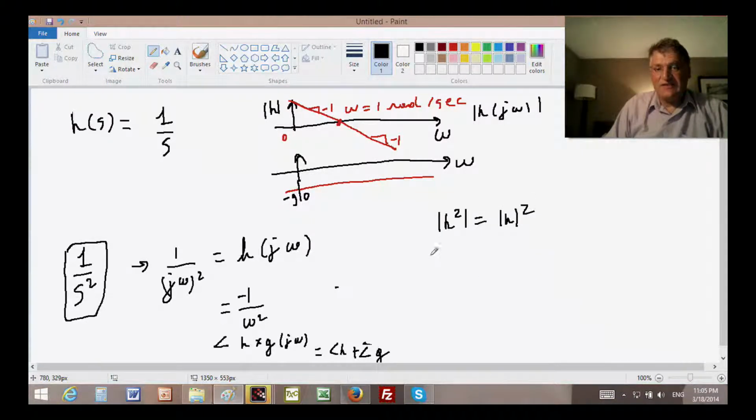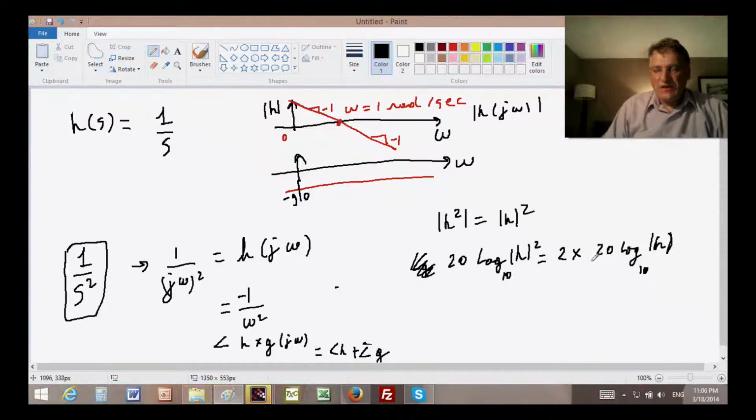Now express it in decibels, and we get that 20 log in base 10 of h squared is simply equal to 2 times 20 log in base 10 of h. Okay, now that is equal to 2 times h expressed in decibels.